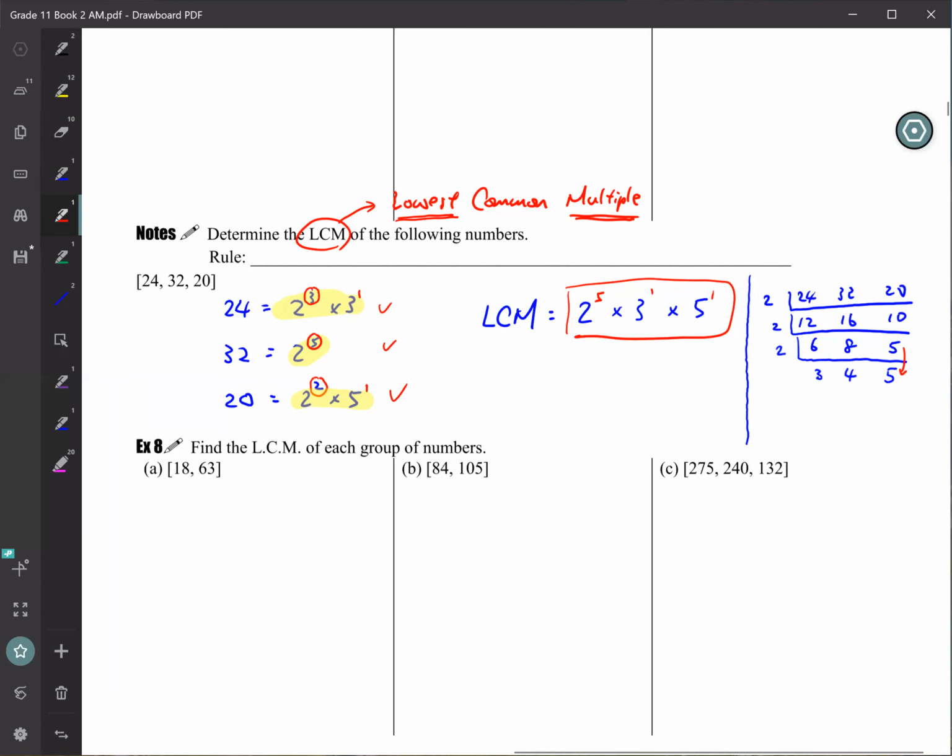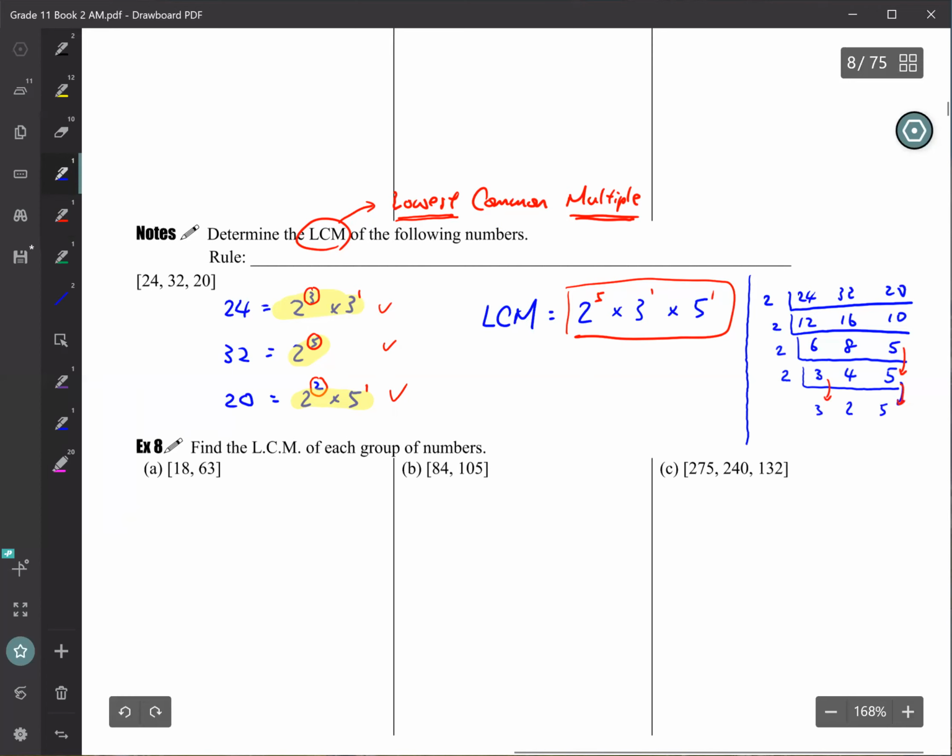Because the 4 is still not a prime, I'm going to divide again. The 3 is already a prime, so you just drop it down. And then 4 will become 2. 5 is a prime, so I just keep dropping it.